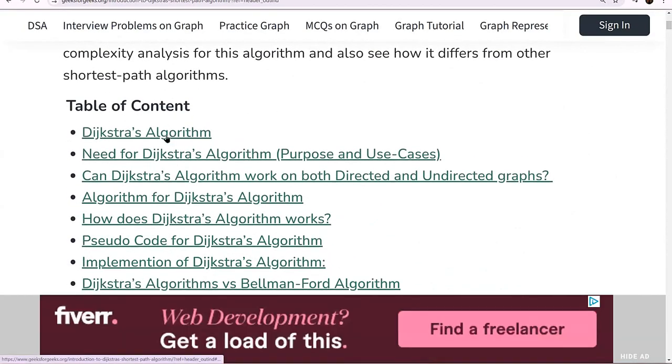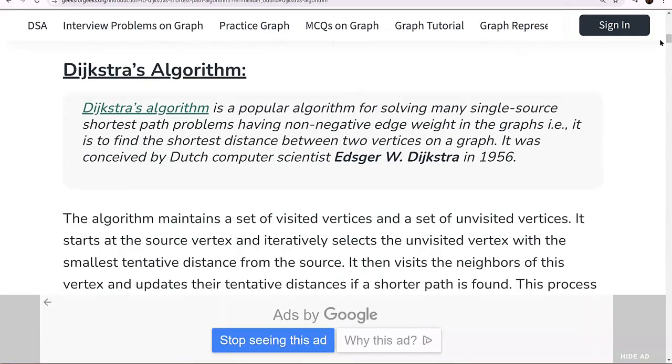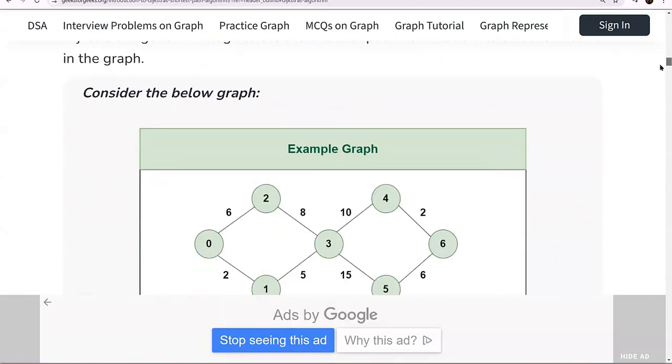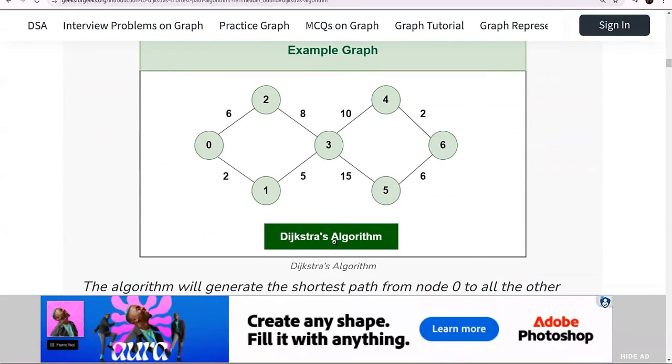So let's look at Dijkstra algorithm. So Dijkstra algorithm was proposed by Edsger Dijkstra for network connection. Okay. Okay, so let's look at this one.